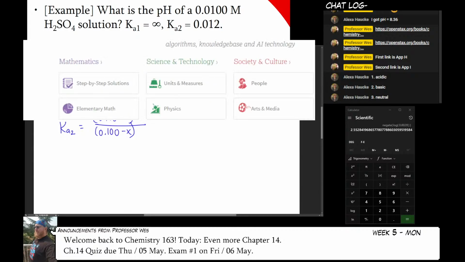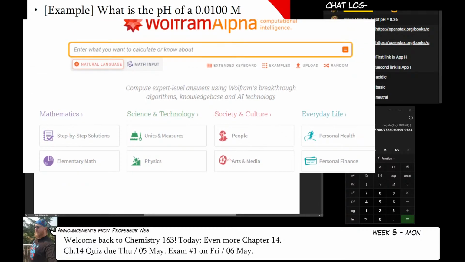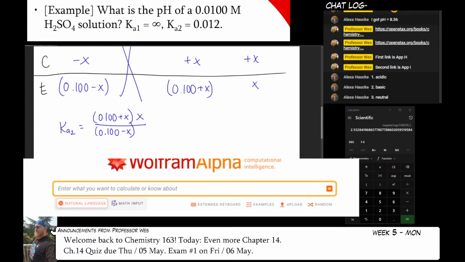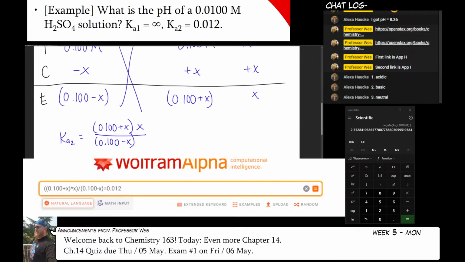Oops, I didn't actually turn on the screen here. All right, so let's put our expression into Wolfram Alpha here. So we had 0.100 plus x times x divided by 0.100 minus x equals 0.012, I believe it was.